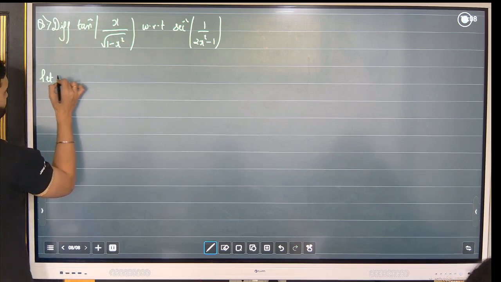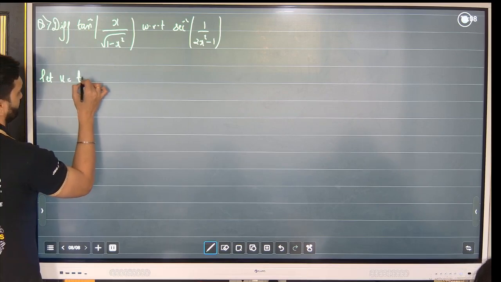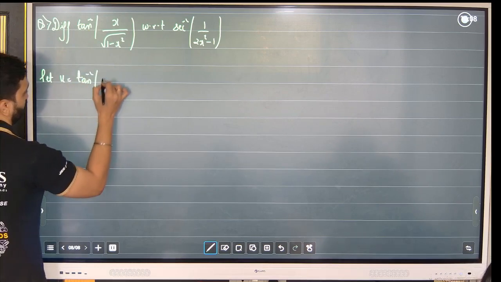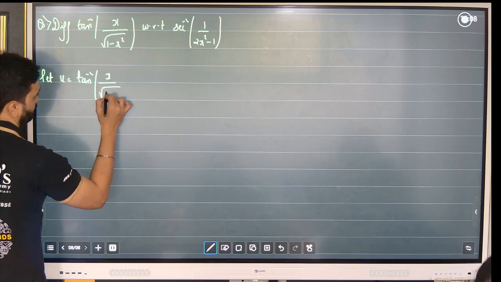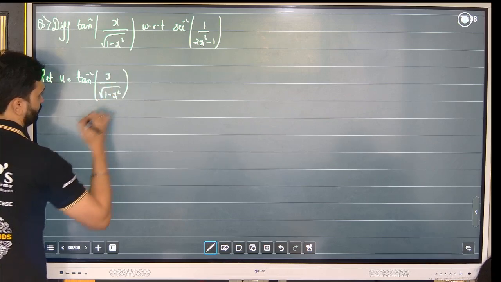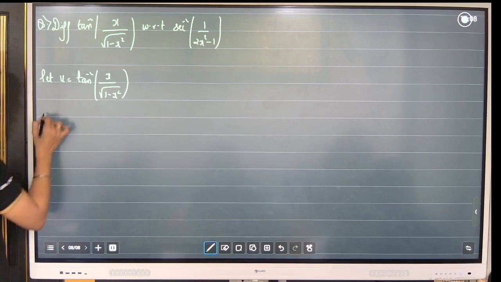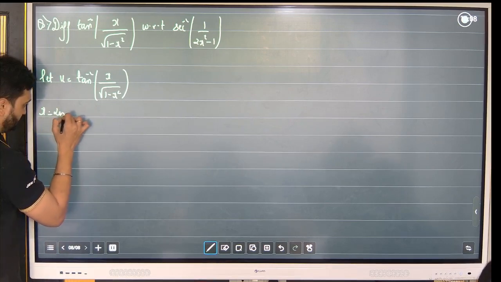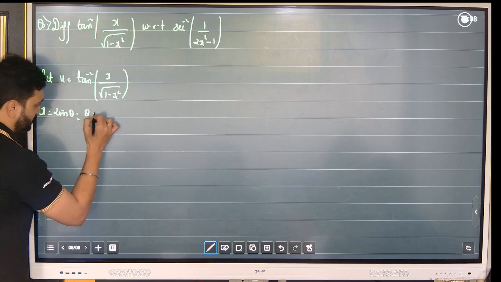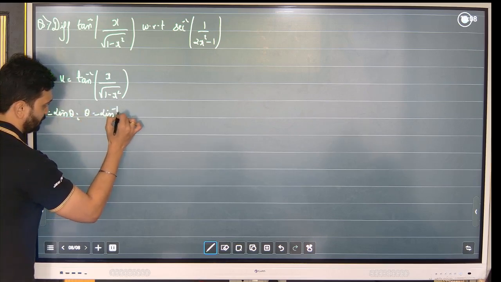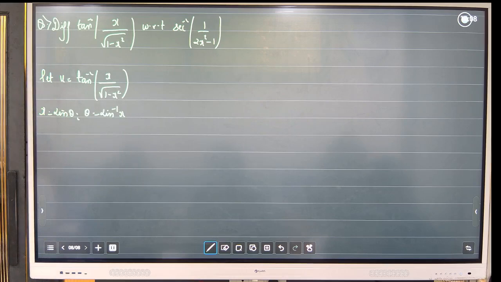Let u is equal to tan inverse of x upon under root of 1 minus x square. Nothing else to do. Take x as sin theta. Theta will become sin inverse x. Under root of 1 minus x square is cos theta.